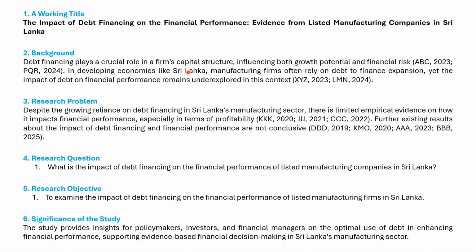And in developing economies like Sri Lanka, manufacturing firms often rely on debt to finance expansion, yet the impact of debt on financial performance remains unexplored in this context. Again, followed by some example references. Now, here you can see it tells the importance of this debt financing, financial performance, and the impact of these two to the manufacturing companies.